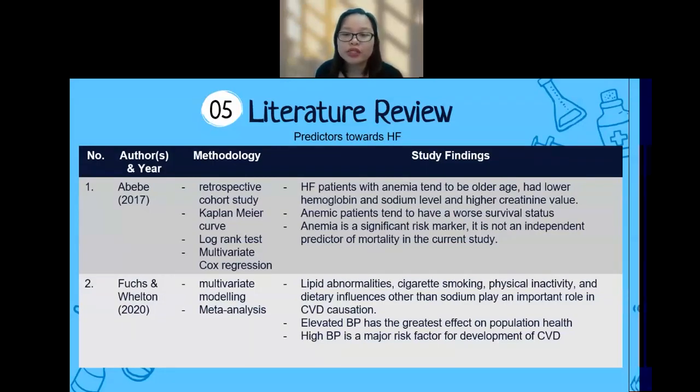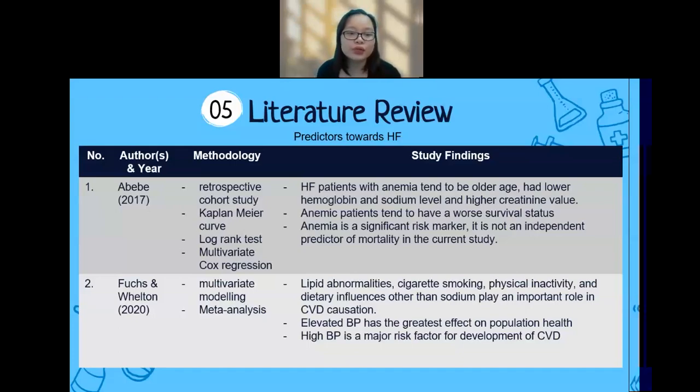So anemic patients tend to have a worse survival status. Anemia is a significant risk marker, but it is not an independent predictor of mortality in the current study.